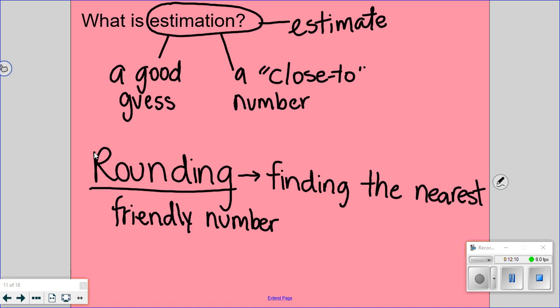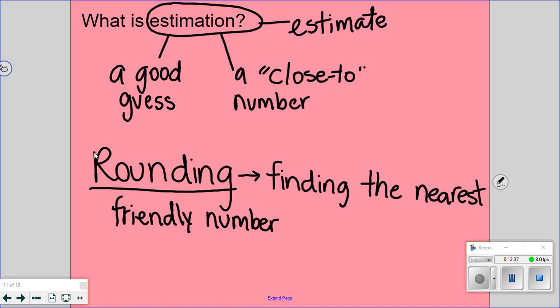Number that you can draw a smiley face in? Bryson? It's like a number. If you get like 142, you might just write like 145. Sure. Friendly numbers are numbers that are easy for our brain.